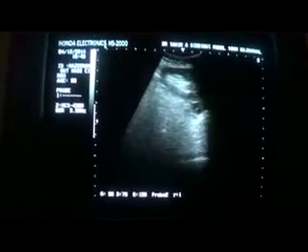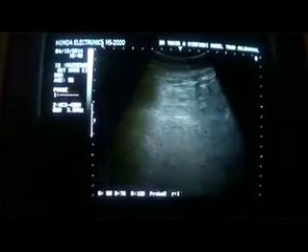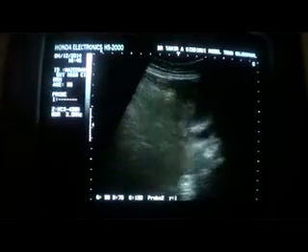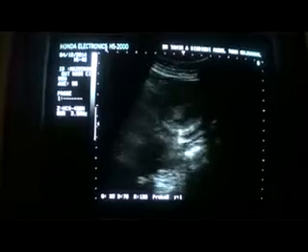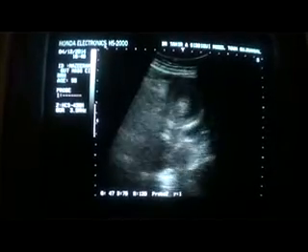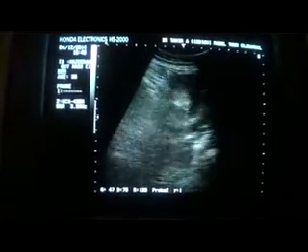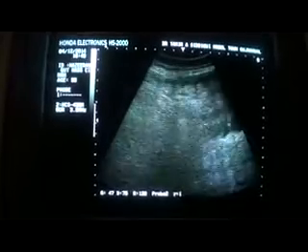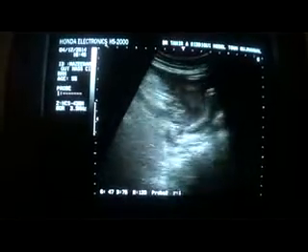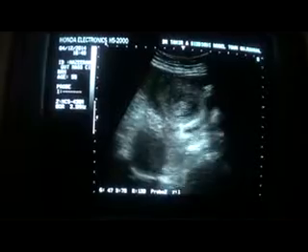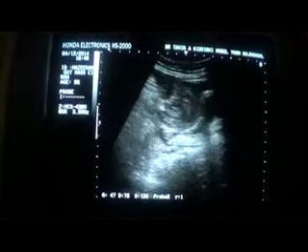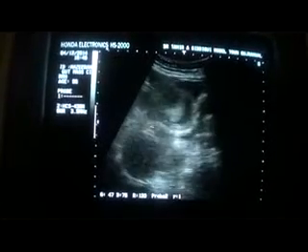Now when we go towards the pelvis of this female, you can see that the urinary bladder is not adequately filled, so we have to try to get the organs somehow with pressure technique.